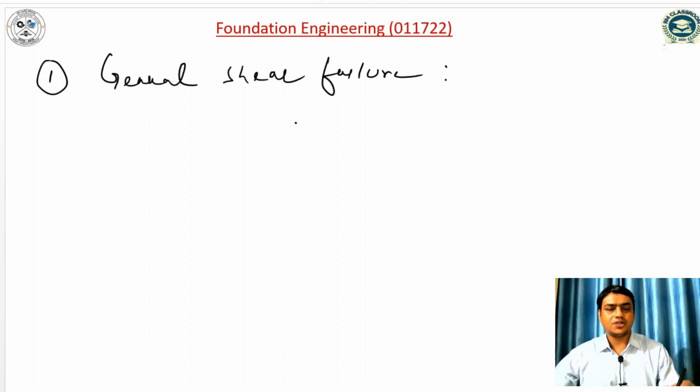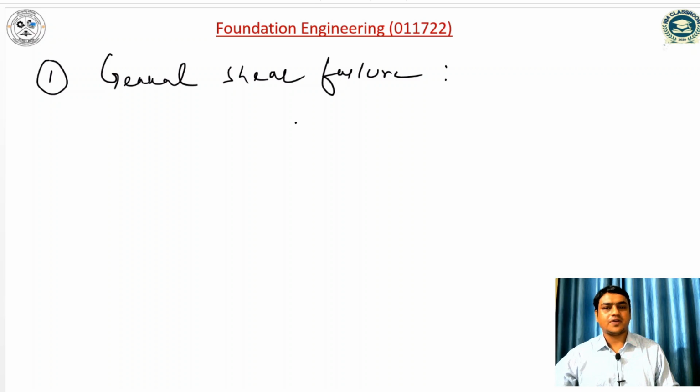If I talk about general shear failure, it occurs in dense sand and OC material, meaning over consolidated material. I hope you must know about over consolidated material. In general shear failure, the failure occurs in such a way that there is heaving of the soil mass.